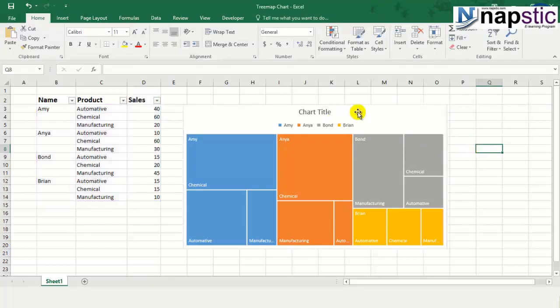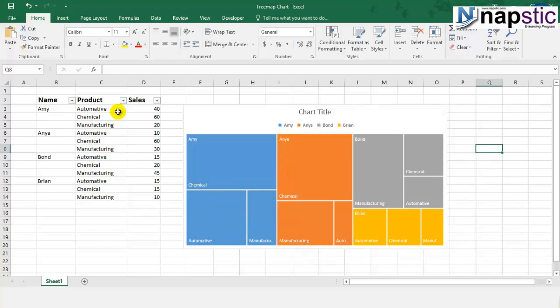Let's now try to interpret this rather than first using these options. Let that be. This is the area. The blue region is Ami, the orange region is Anya, the gray region is Bond, and the yellow region is Brian. Ami has the same three products: automotive, chemical, and manufacturing. Chemical is given the maximum region. If this is a box that has been allotted to Ami, you will see that the chemical region is the highest, the second highest is automotive, and the third highest is manufacturing.